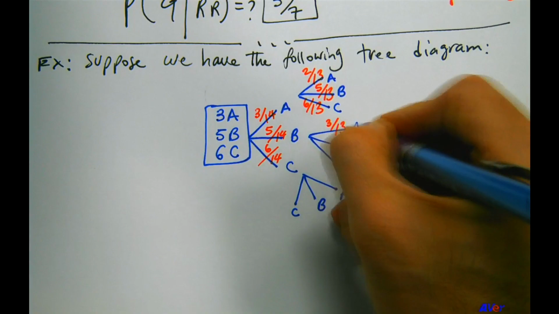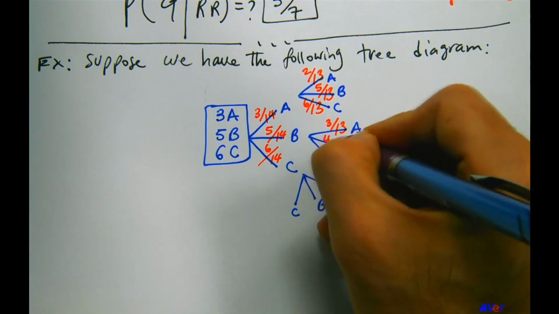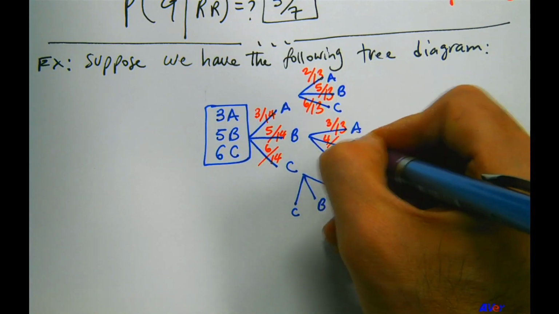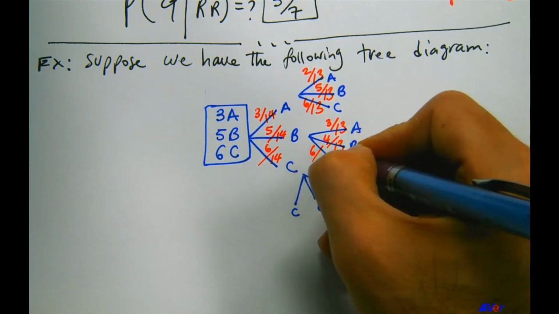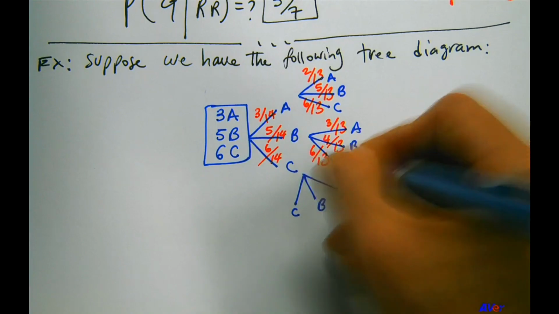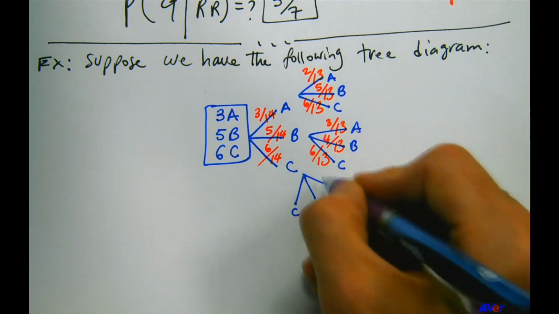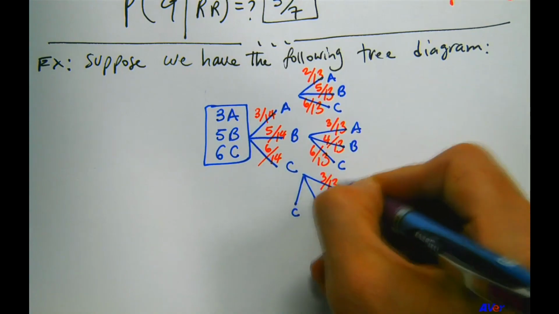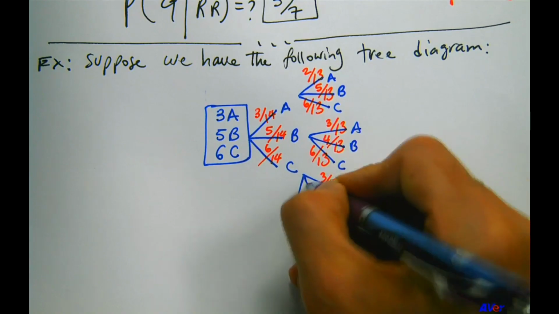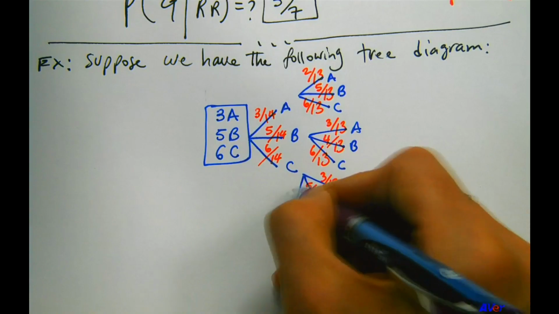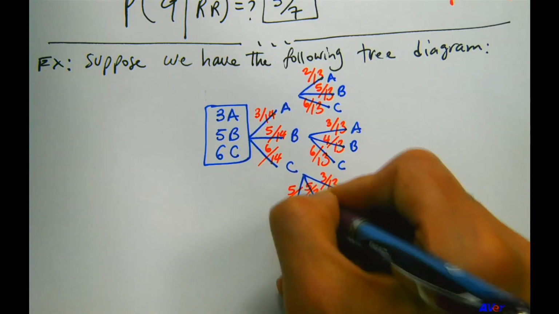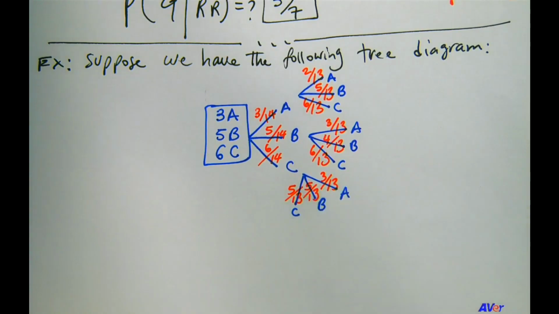Then we have 3 over 13, 4 over 13, and 6 over 13. And we have here 3 out of 13, 5 out of 13, and again 5 out of 13. Okay, so we have that.